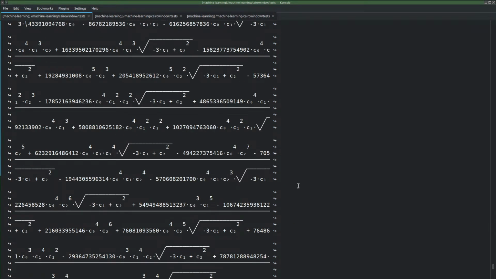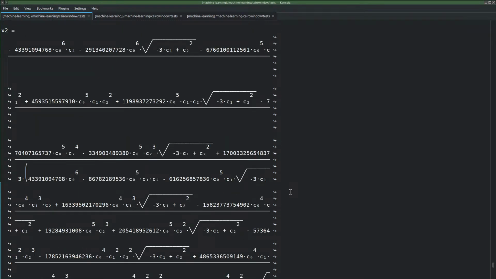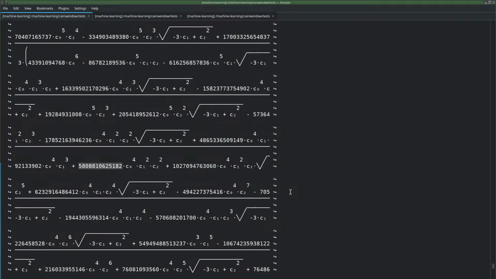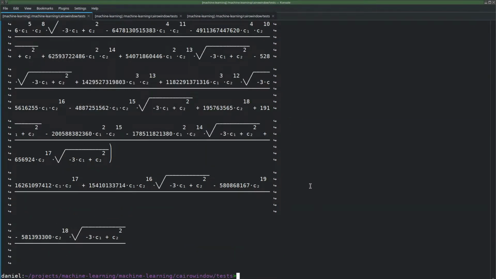Holy moly, see the numbers in it. It is just two steps. Unbelievable. And I wanted to do six steps. Not gonna happen.